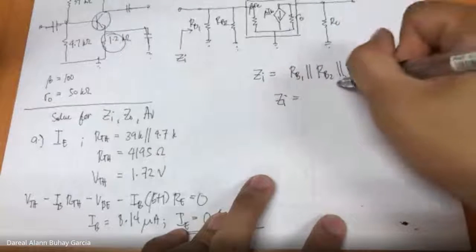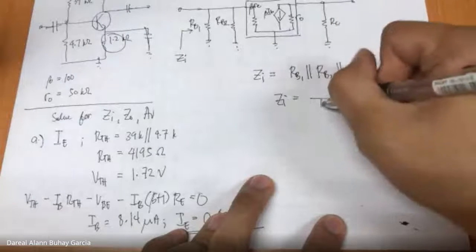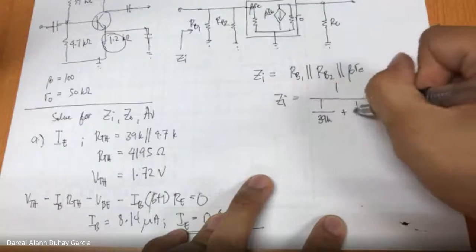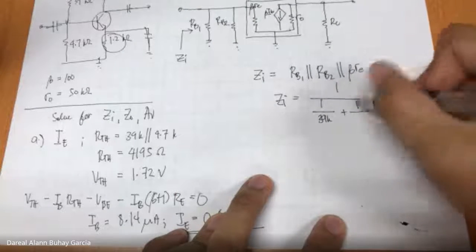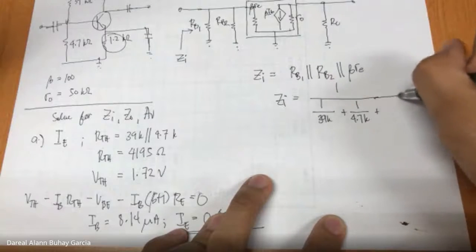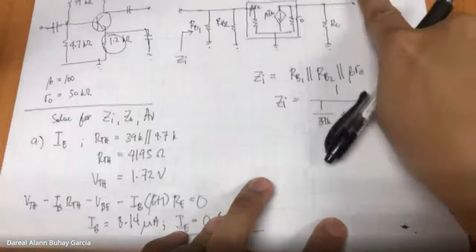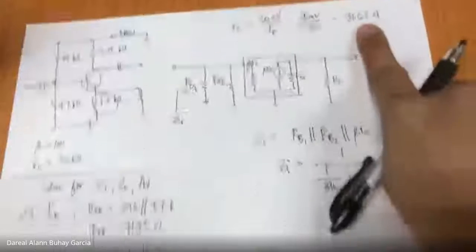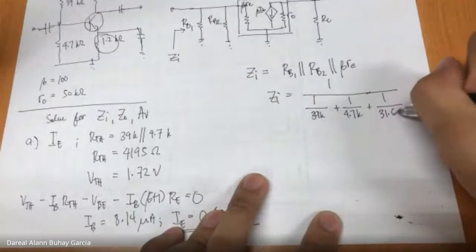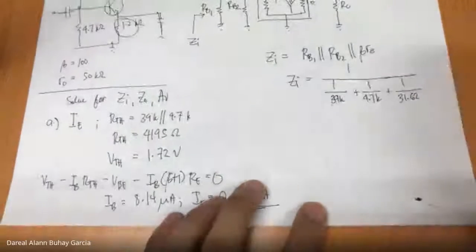Therefore, ZI is equal to 1 over 39K plus 1 over 4.7K plus 1 over 31.62 ohms.